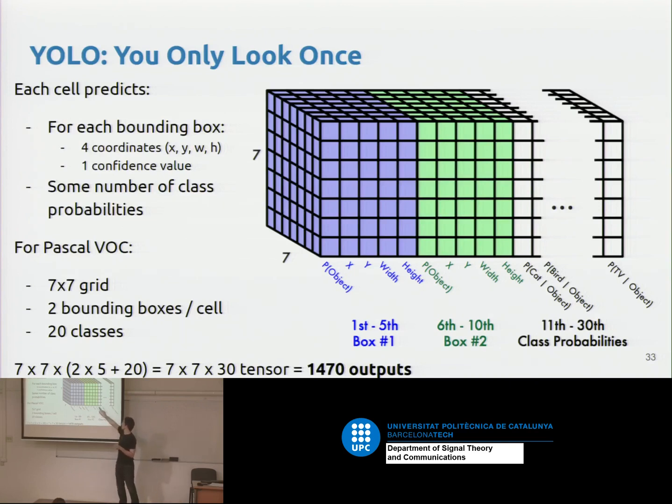And for every cell in the grid, they give the conditional probability of being a certain class given their objectness. They used two bounding boxes because at training time they assigned one bounding box to some types of objects and the other bounding box to other types of objects. So they say that both bounding boxes somehow learn the appearance of the objects in the data set.